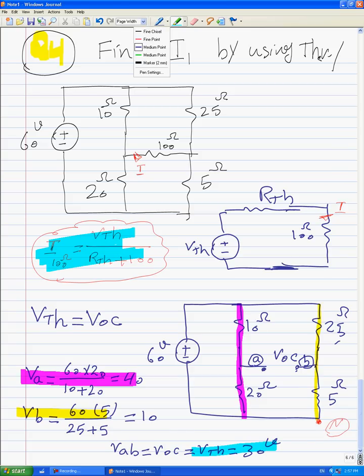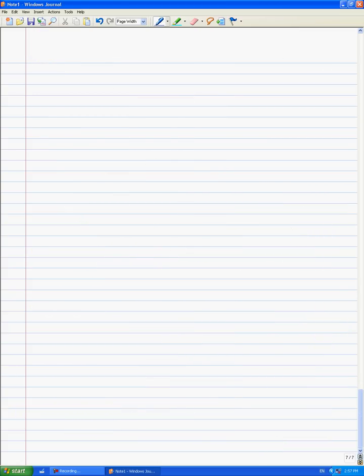And for equivalent resistance or Thevenin resistance, we have this scenario. We should change the 60 volt source to a short circuit for equivalent resistance or Thevenin resistance. The circuit should be simplified like this.